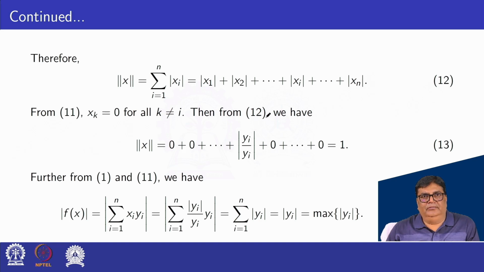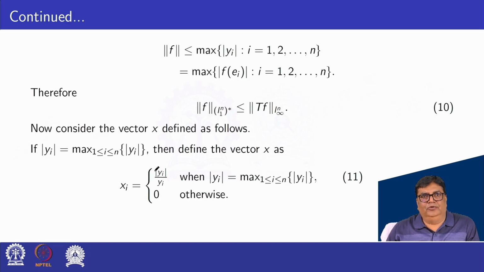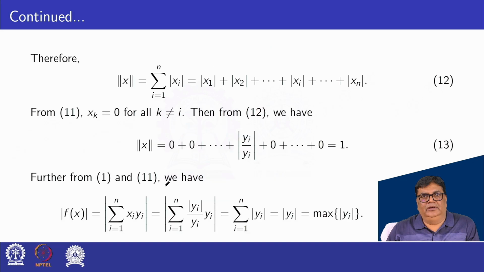Then from equation 12, norm x is equal to each term 0 except mod xi. Mod xi is mod yi upon yi, because here xi equal to mod yi upon yi. So norm x is equal to 1.